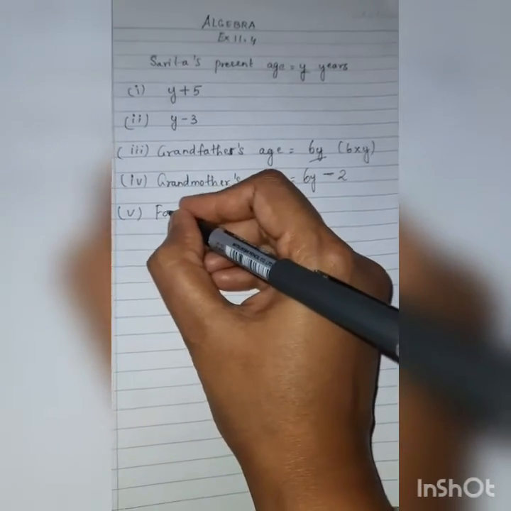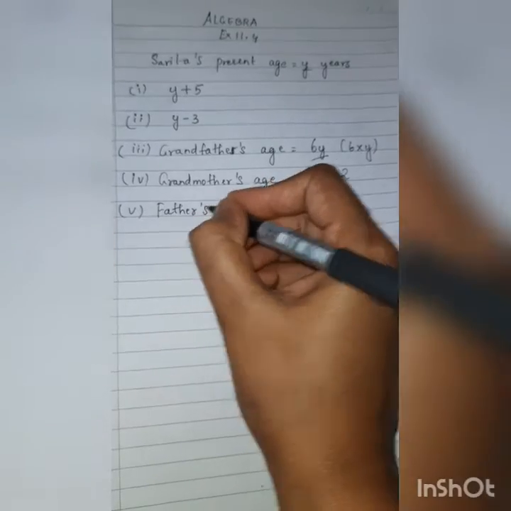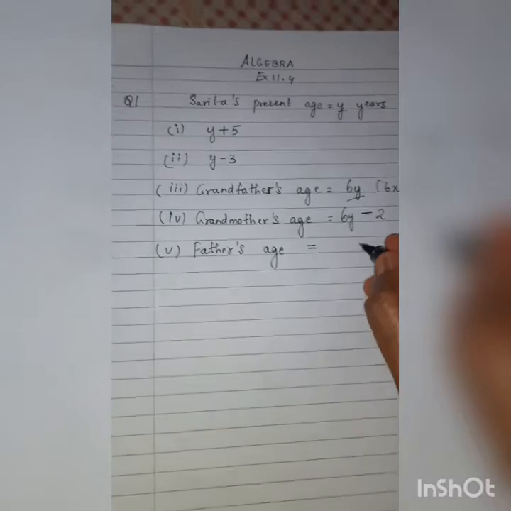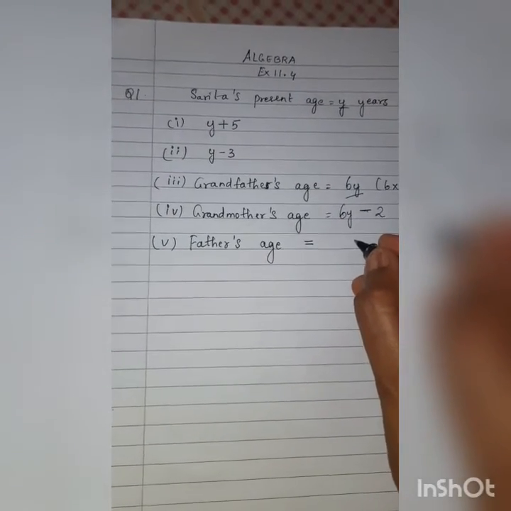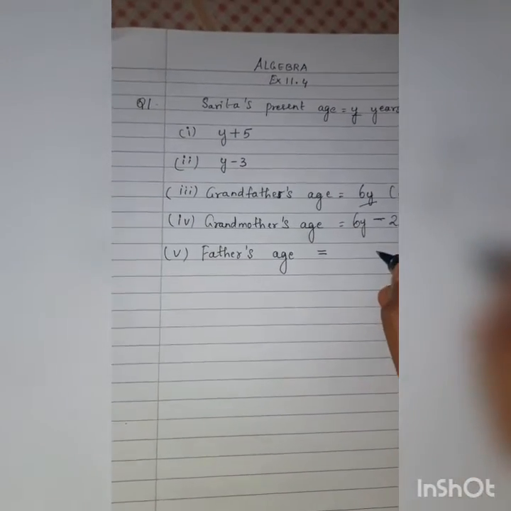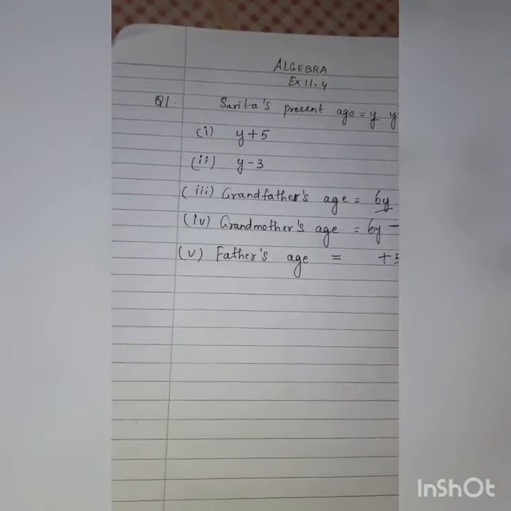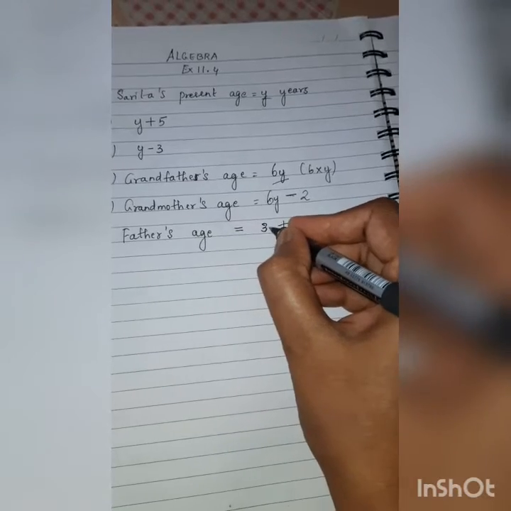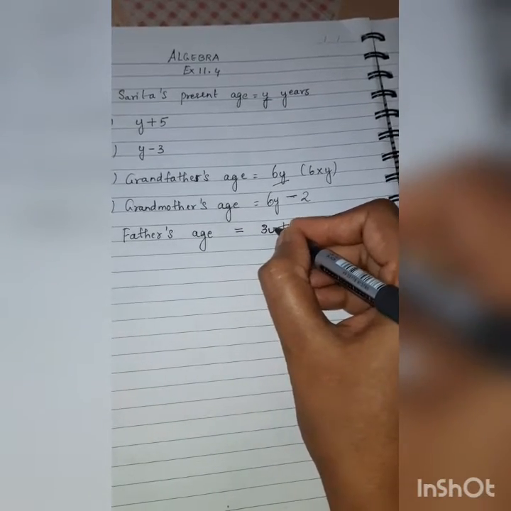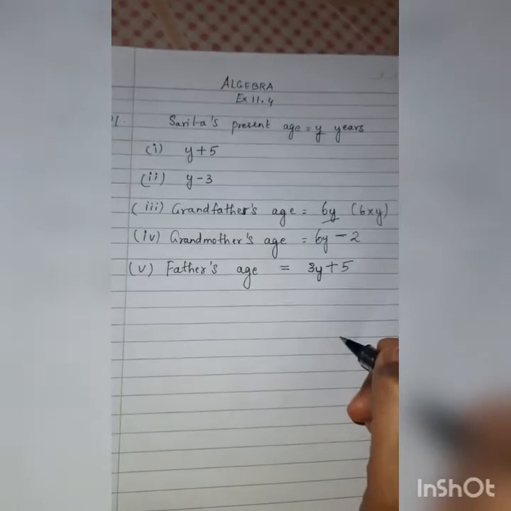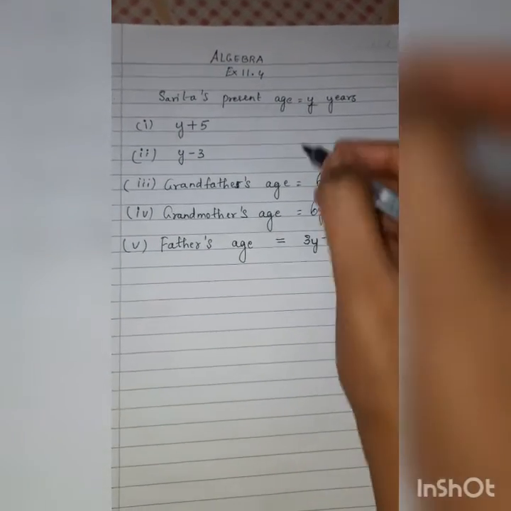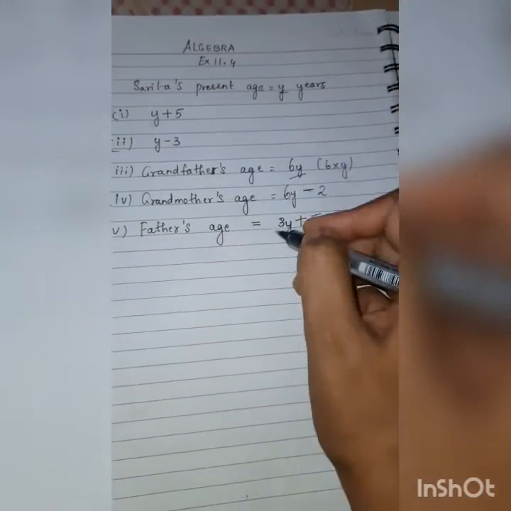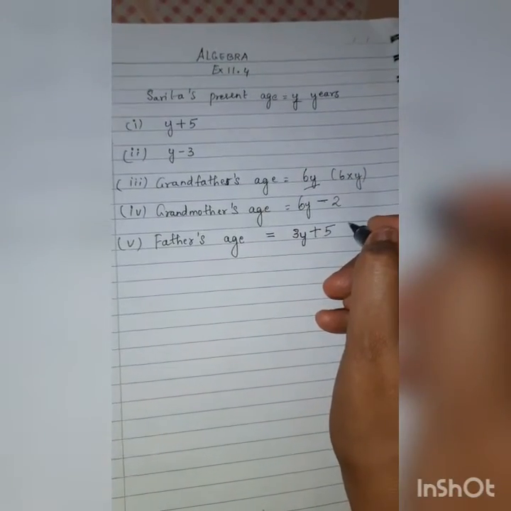So father's age is equal to 5 years more than 3 times Sarita's age, so 3y plus 5. By having Sarita's age as reference, we are writing all the other expressions for this question.